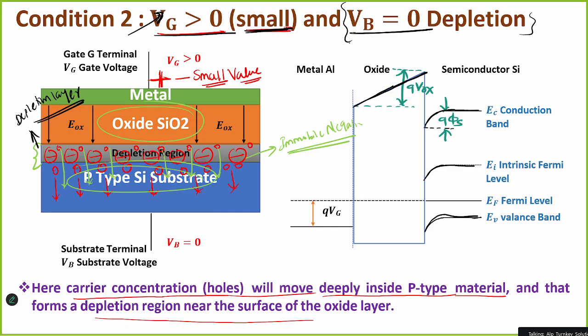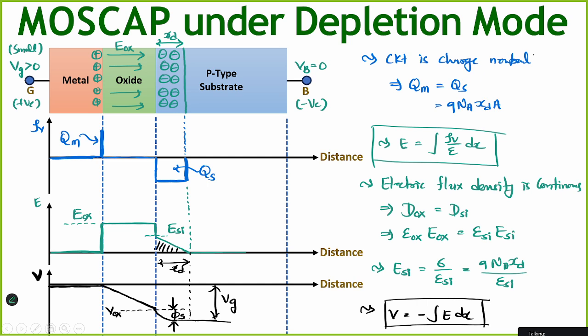So this is the energy band diagram of the MOS when Vg is greater than 0 and a small value. Next, if you want to calculate E, rho V by epsilon; these are the definitions, and you need to remember the electric field.